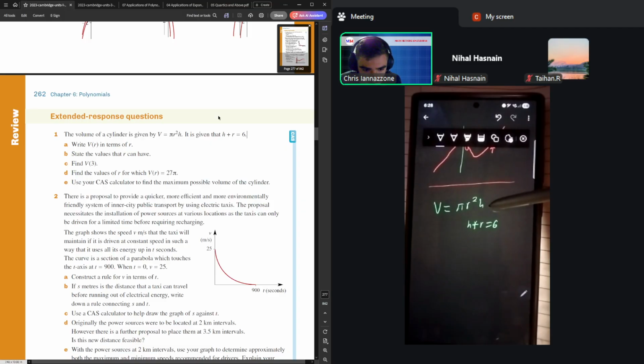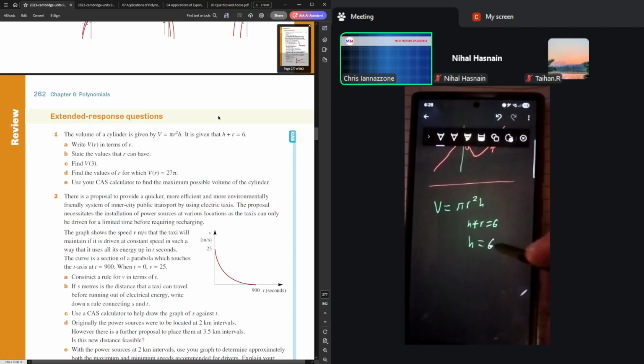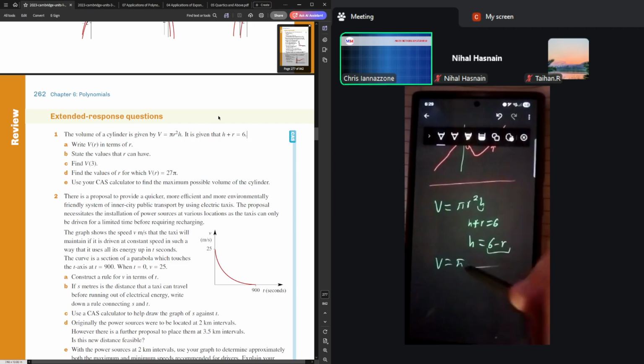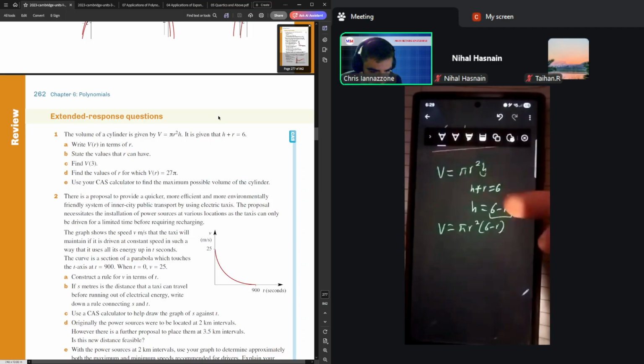Any ideas? All good. h equals 6 minus r from the second equation, and because this is h, we can put it in there. V equals pi r squared (6 minus r). That's our equation, that's our thing sorted.